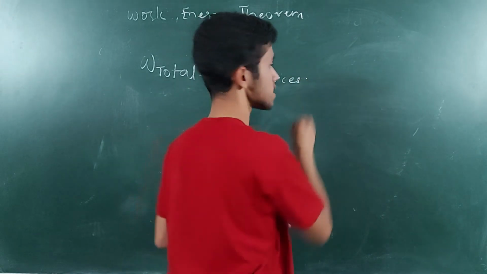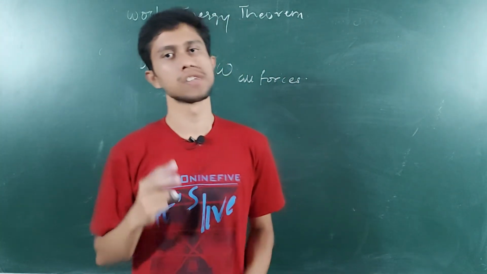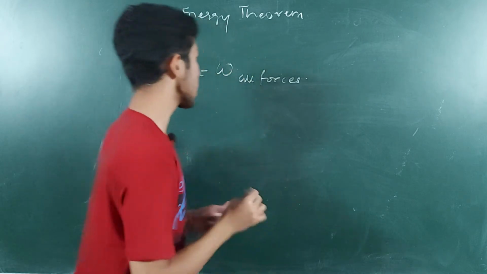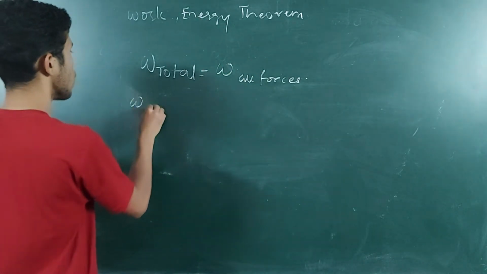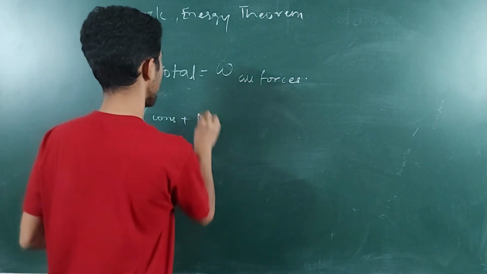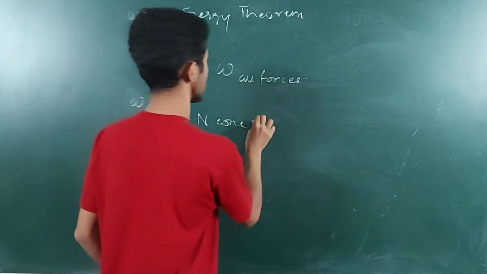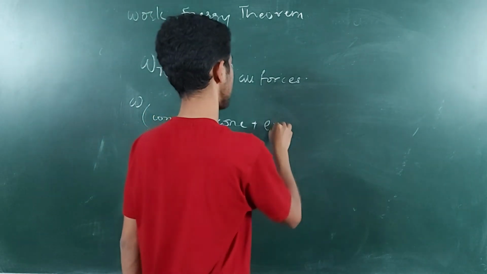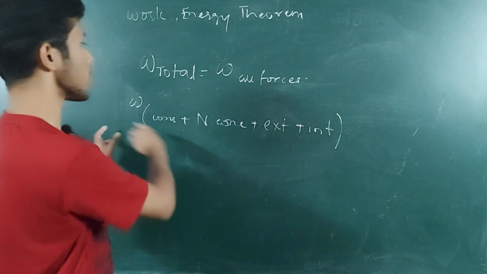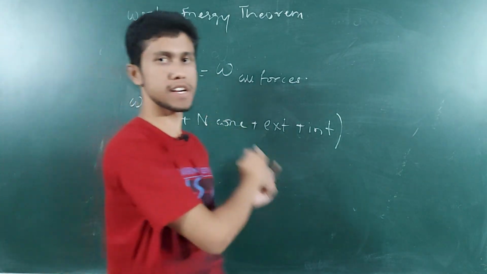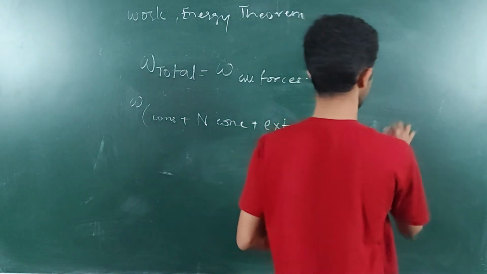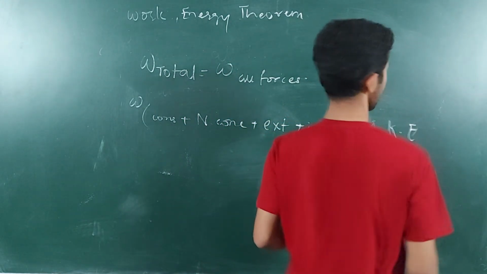And I know these forces can be conservative force, non-conservative force, external force and internal forces. So I can write: work done by all forces means work done by conservative force plus work done by non-conservative force plus work done by external force plus work done by internal force. So this is the work done by all the forces, which we represent this way, is equal to the change in kinetic energy of the body.